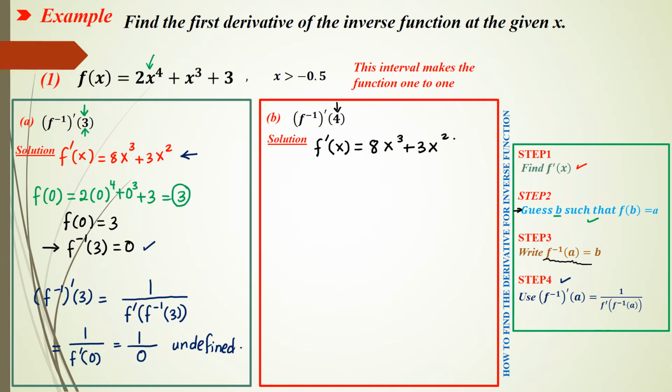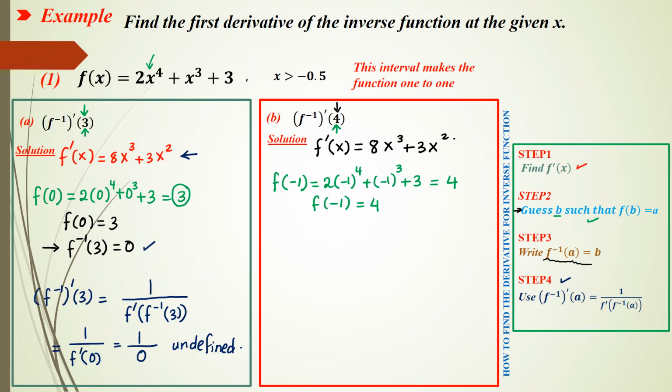So by guessing, if you replace x equals -1 and find the value of f of -1, you will get 2 multiplied by -1 to the fourth power plus -1 cubed plus 3, and this equals 2 minus 1 plus 3 equals 4, which gives us the number x in the question. So f of -1 equals 4.